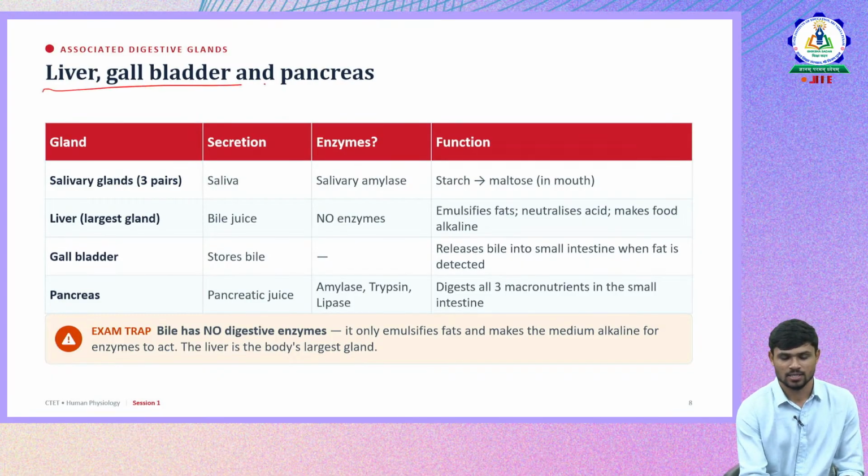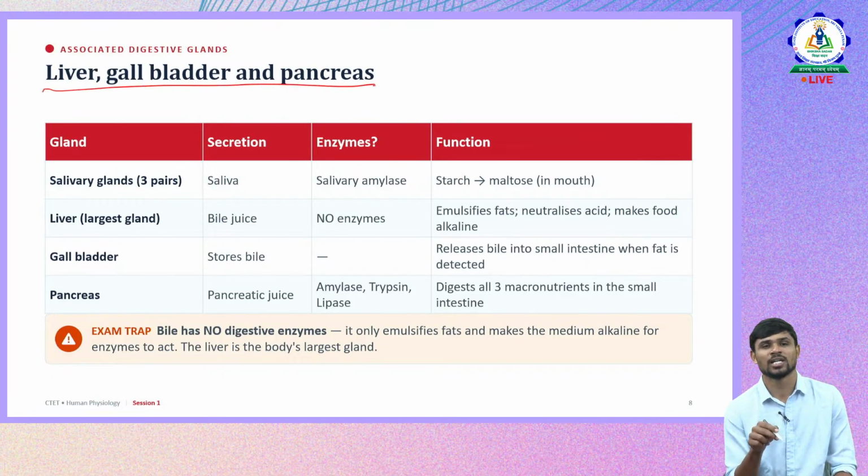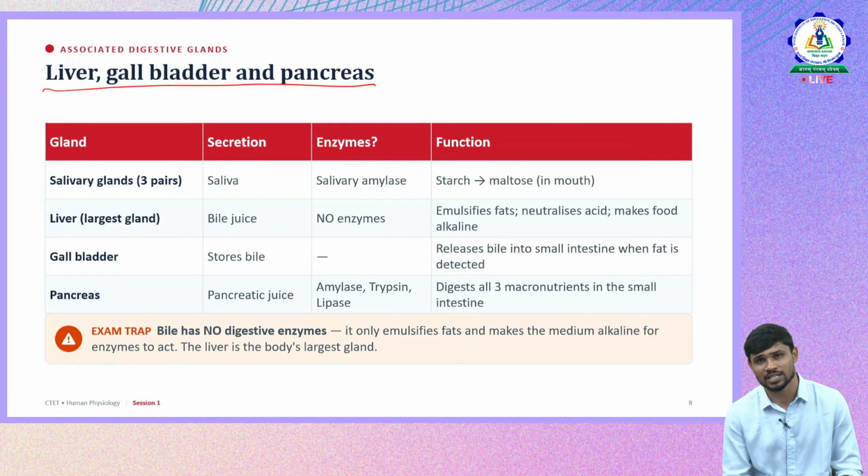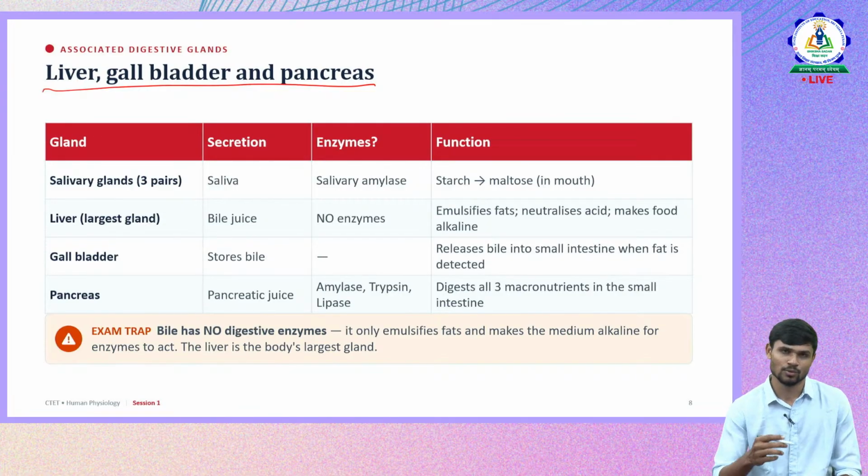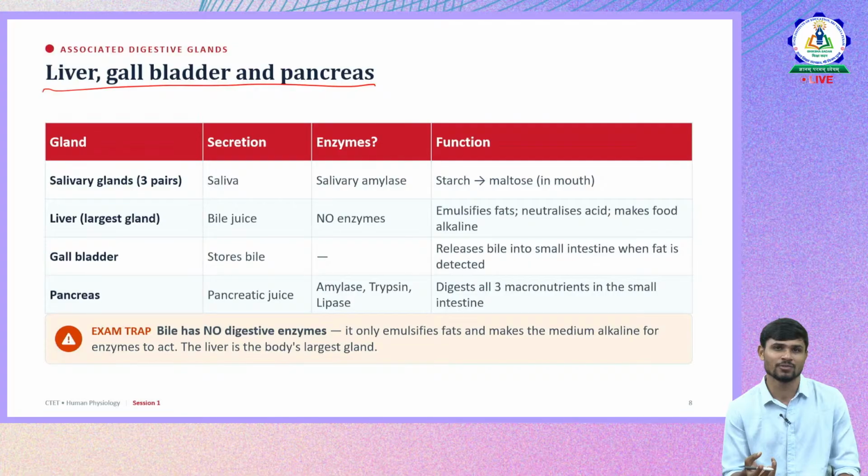Then what do the secretions in the small intestine do? Which components of the food are digested with the help of secretions in the small intestine? The small intestine doesn't directly get all the secretions from inside.